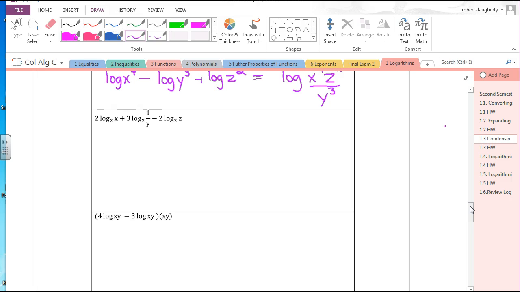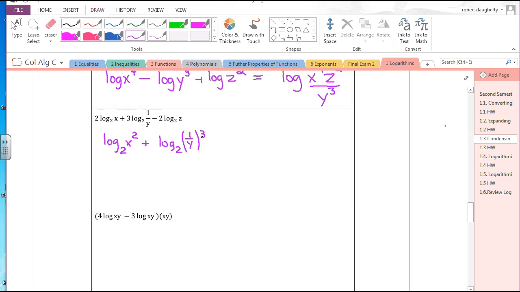So, what do you think the first step is to try to get this into one logarithm? Take care of the numbers in front of the logarithm, make those exponents. So this is the log base 2 of what? Yeah, log base 2 of x squared, and then plus the log base 2 of 1 over y to what power?